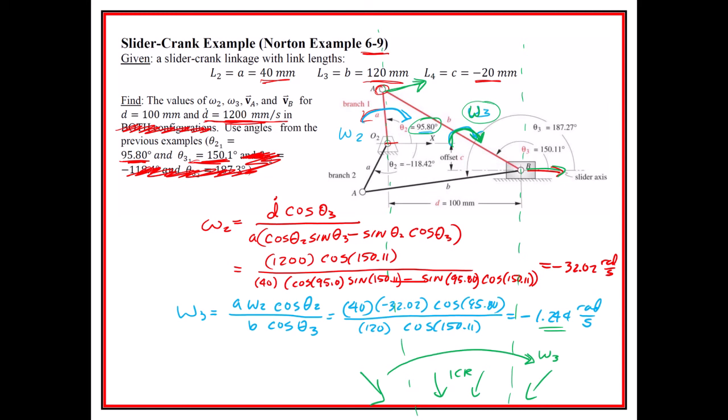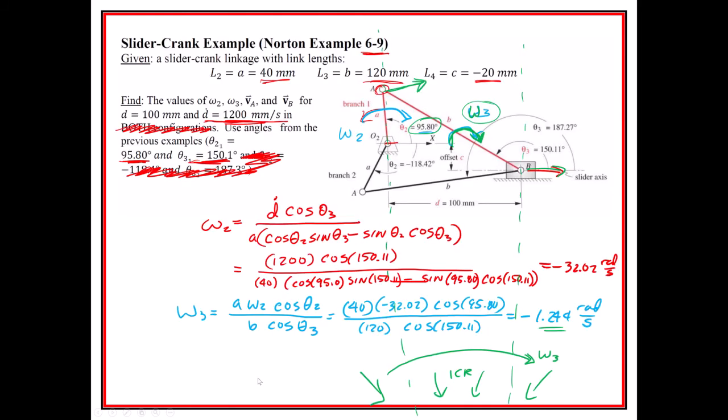It says example 6-9, but I don't see an example 6-9 in here. Where is 6-9? There you are, right there. Okay, so they don't actually do the velocity. That's interesting to me. They don't actually find the velocity in the example. So that's probably why I didn't do it.